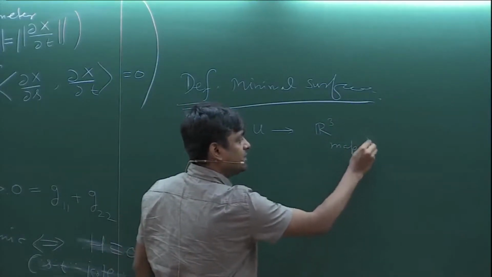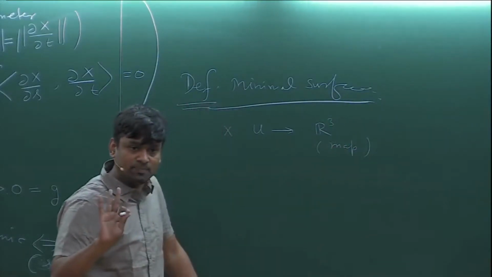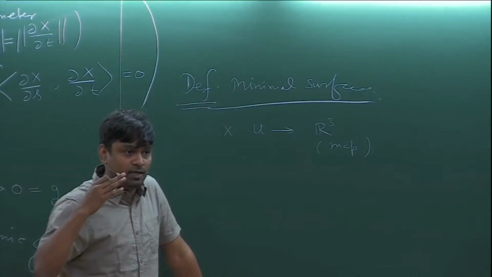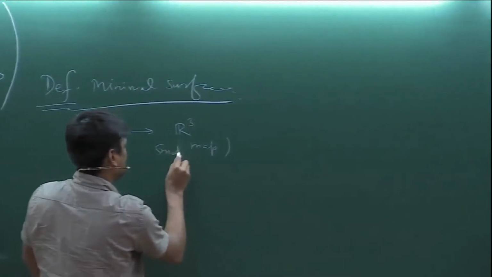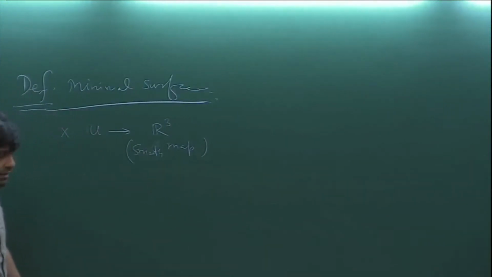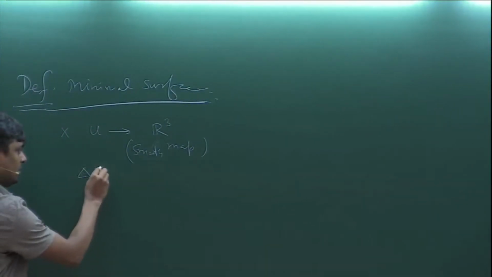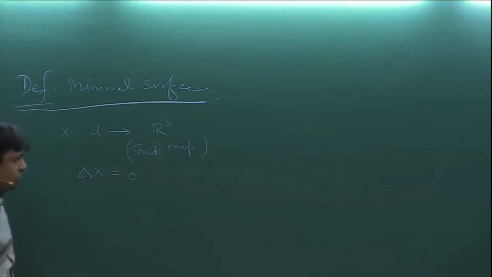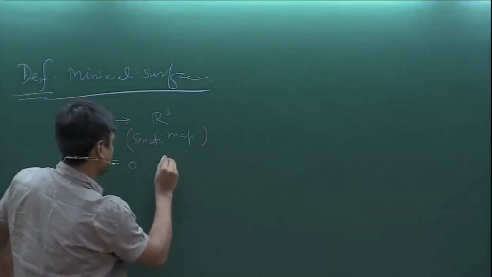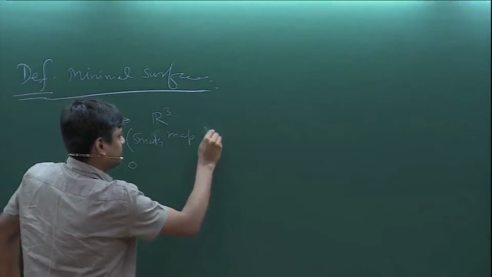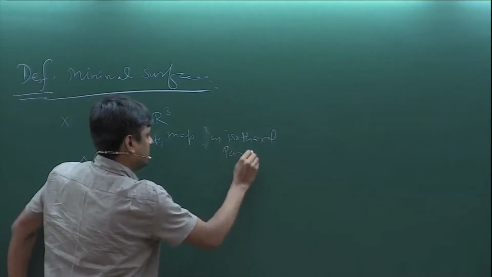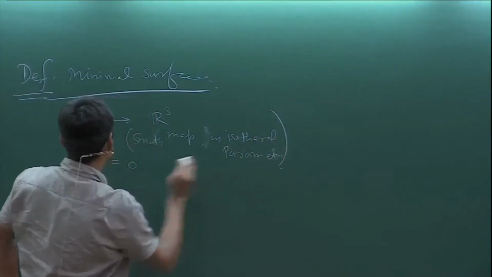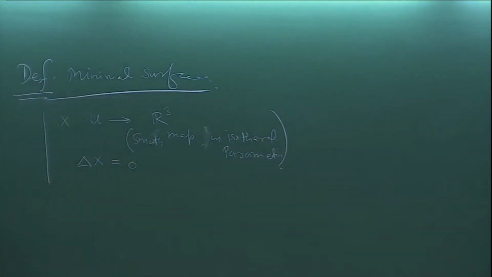I will start from just a map, a smooth map, let us take. And then if this is equal to 0, for a smooth map and parameters, this is the definition of the minimal surface. This is the definition of the minimal surface. Okay?